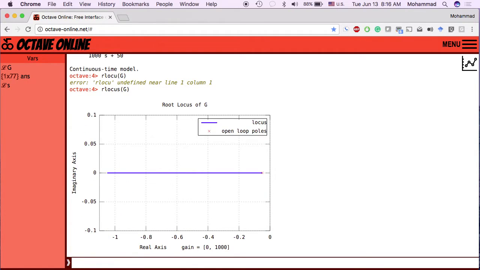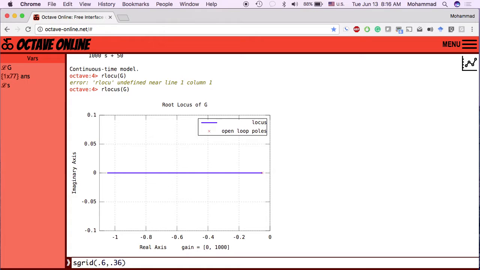And the next command that you need to use is sgrid. So type sgrid, open parentheses, and the first item is your damping ratio. We decided that we want a damping ratio of 0.6 and larger. And the second item you type here is your natural frequency.